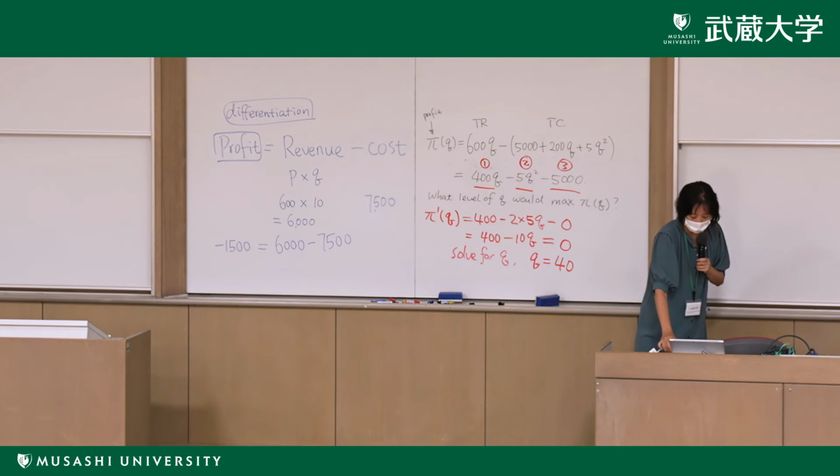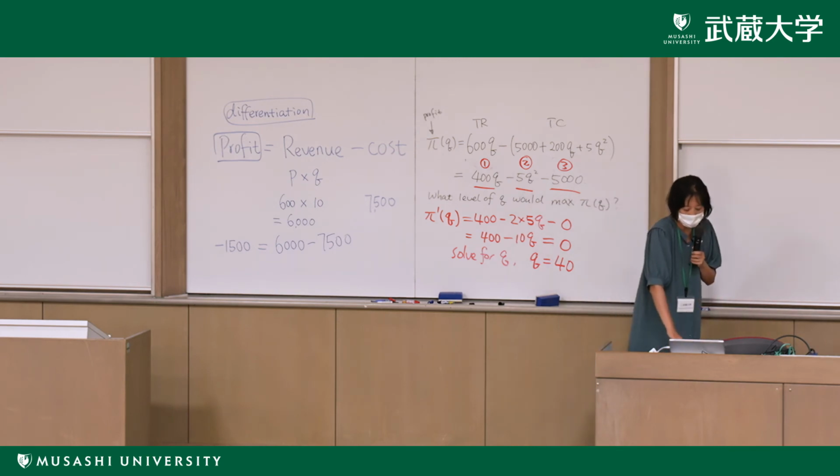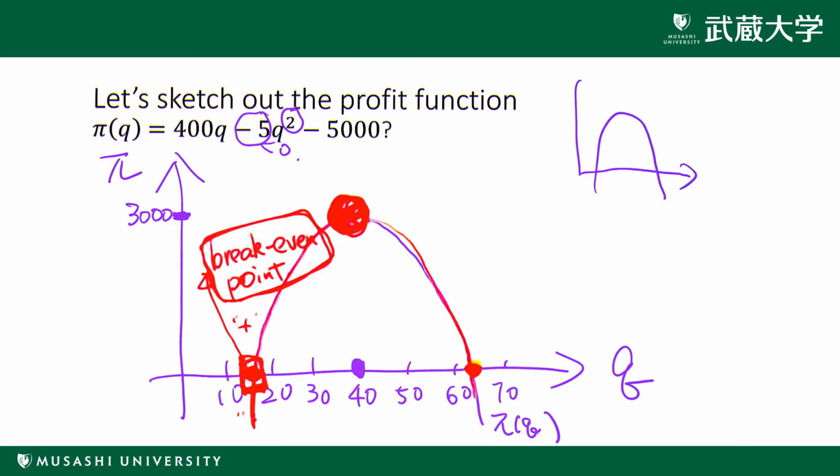So that's the main story of today's class: how to use a mathematical concept to find the optimal level of a function. At the end, we're going to make sense of this profit function a little bit. This is probably your high school material.